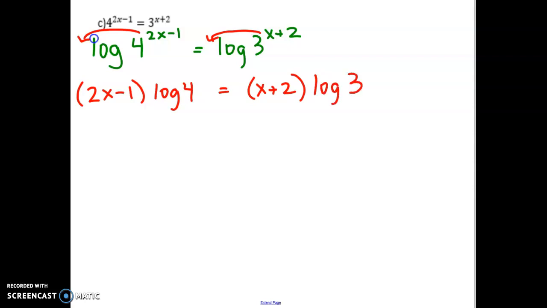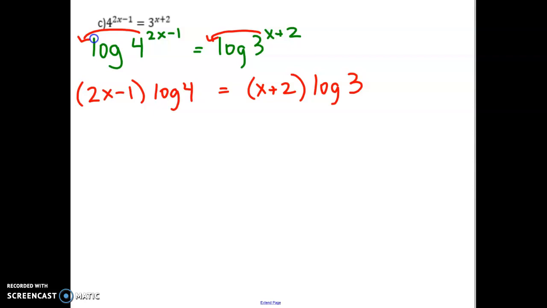So again, I'm just bringing those powers to the front. Now at this point, I think the easiest thing would just be to get some decimal numbers, okay? You know log 4, you just have to calculate it. You also know log 3, you just have to calculate it. Again, they're ugly decimal numbers, but they still do work with the equation.